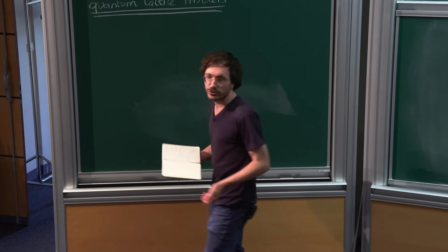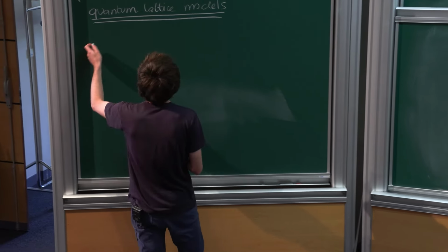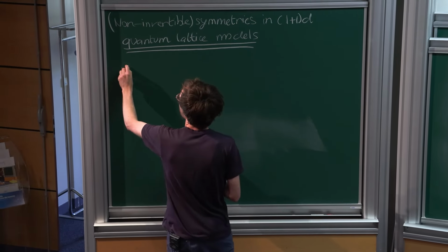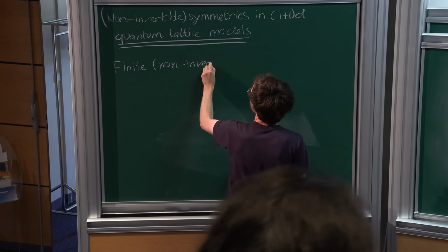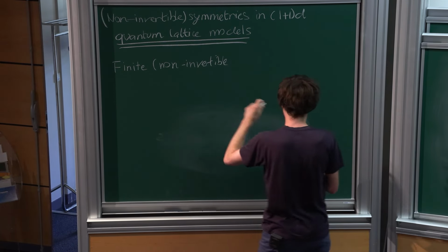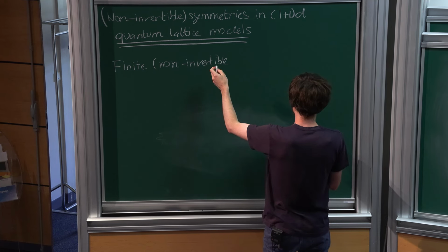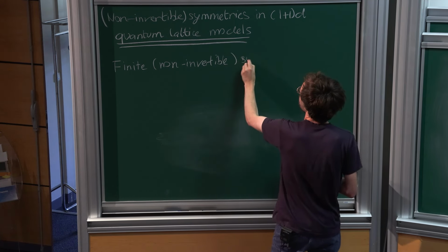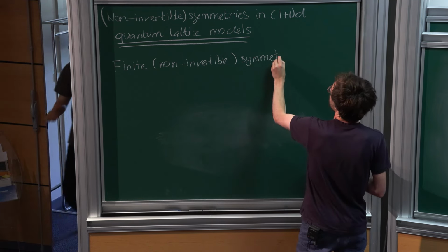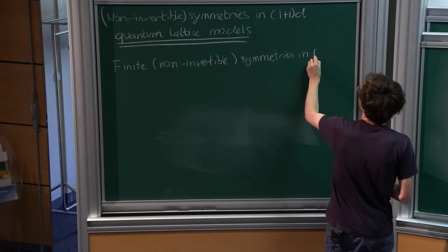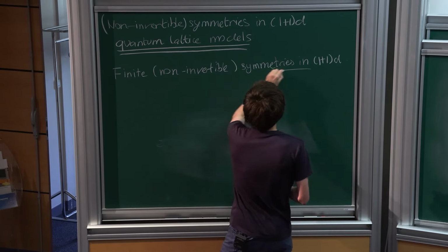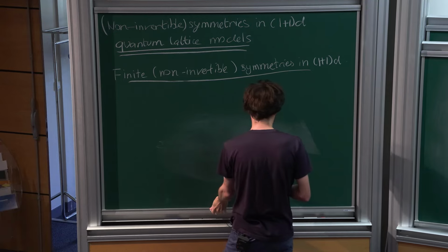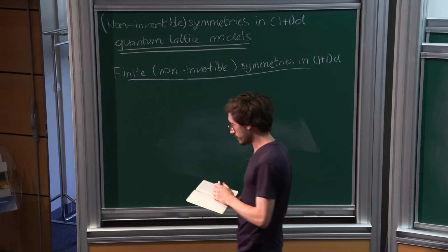So the focus is going to be 1 + 1 dimensional systems, and it was already established in several lectures that if we're focusing on finite, possibly non-invertible symmetries, in 1 + 1D, then a good framework in order to describe the collection of topological lines is given by the theory of fusion category.